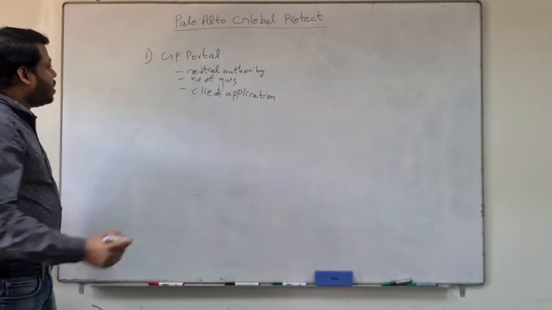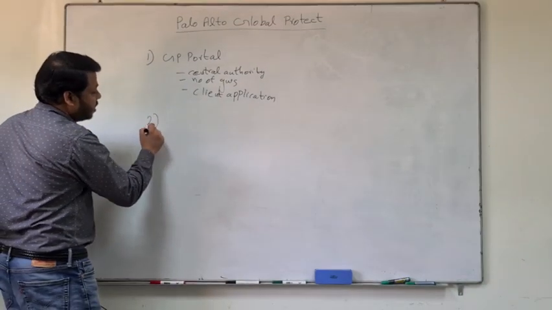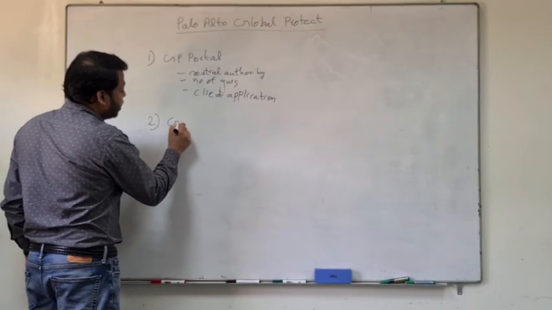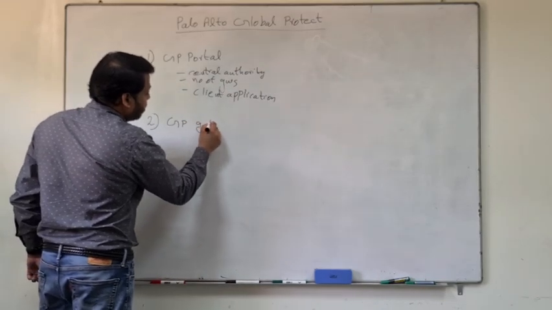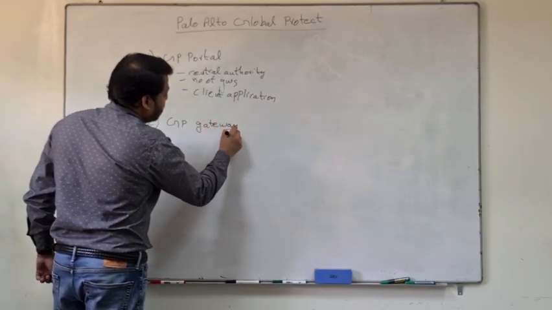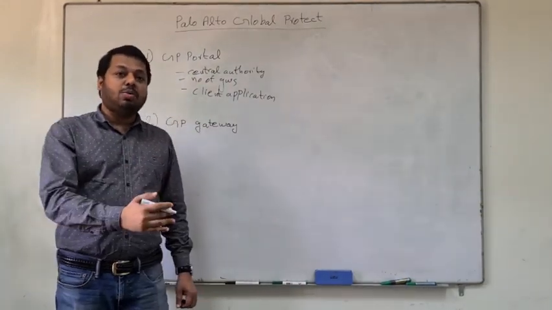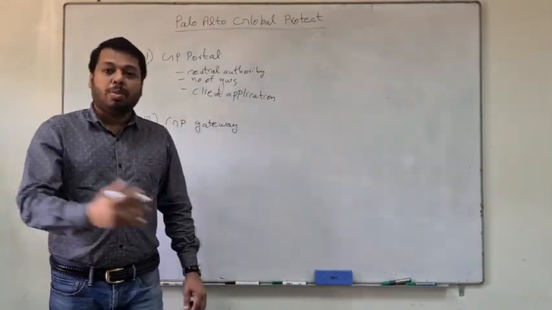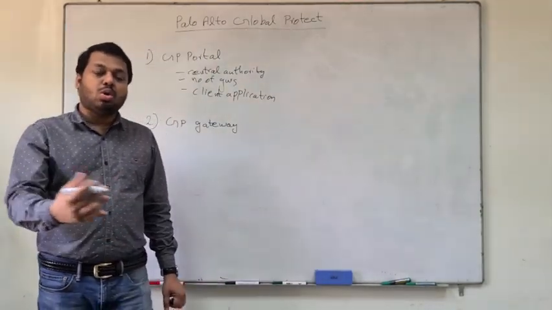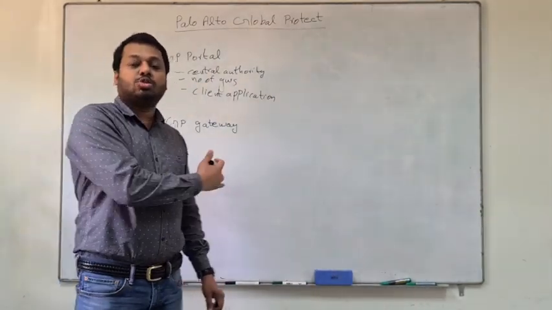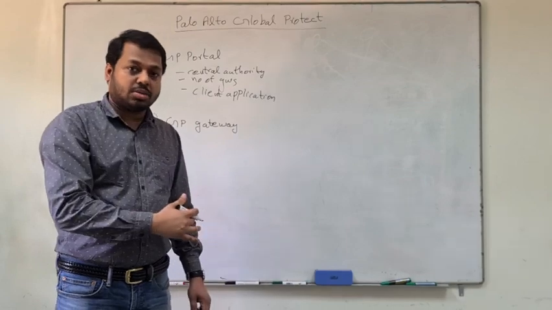And the second component is the gateway, the Global Protect gateway. Gateway is the tunnel termination point for the Global Protect solution. So all the users who are connecting to Global Protect will actually be terminating on these gateways.